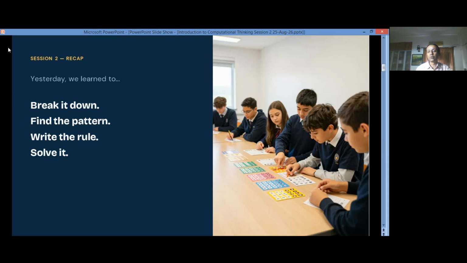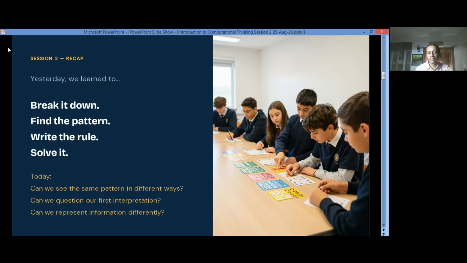And when you look at a pattern, are we able to identify the rules behind the pattern? Any pattern will follow a particular rule. It could be one rule or it could be more than one rule, and we will see some of it as we go along today. So breaking it down, finding the pattern and writing the rule eventually will help us solving the problem. So these were the things we looked into yesterday.